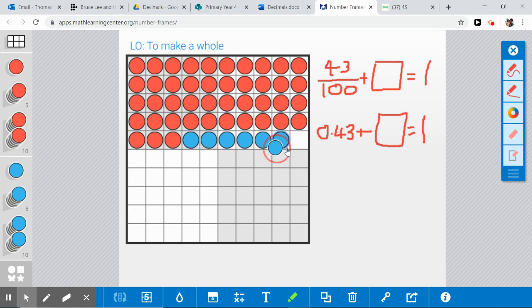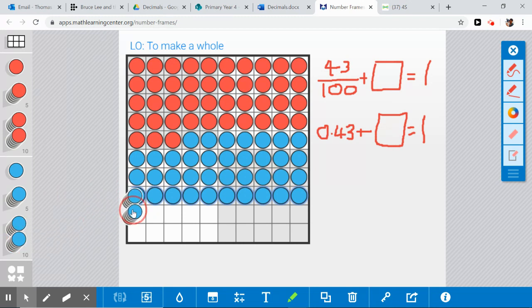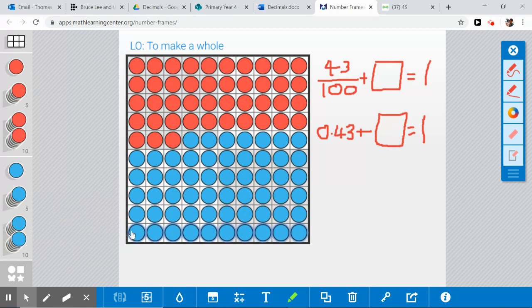So that was 7. Then let's do 1 tenth, 2 tenths, 3 tenths, 4 tenths, 5 tenths. That was 5 tenths and 7 hundredths. So that would be 57 hundredths.